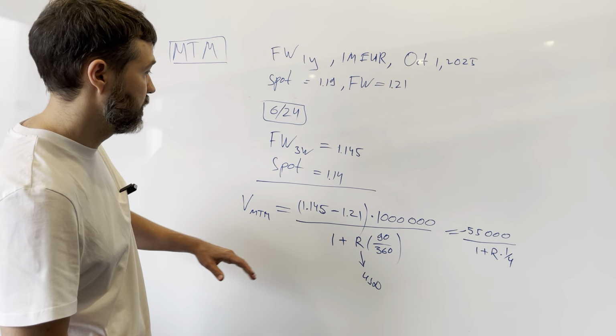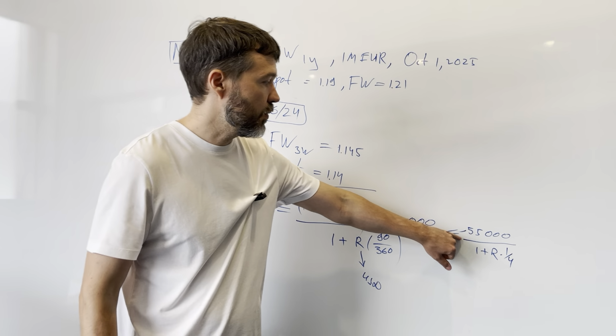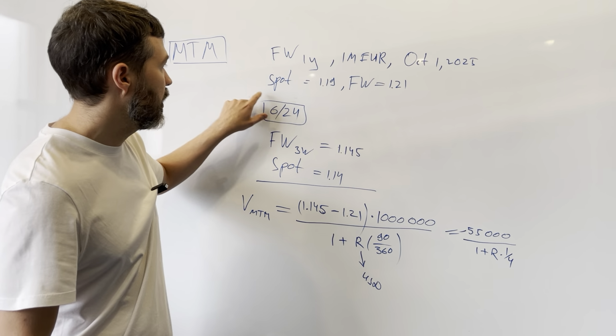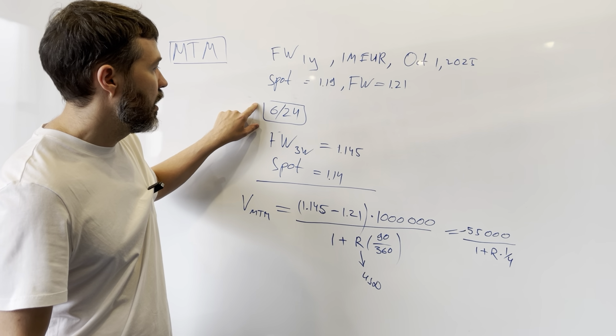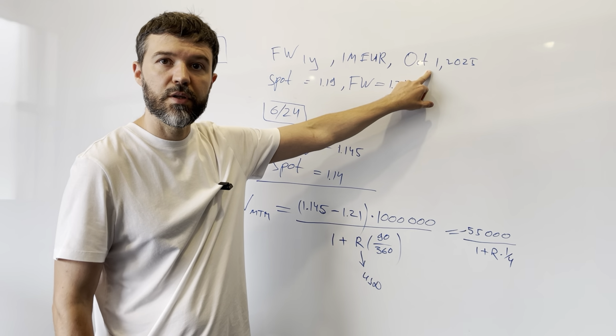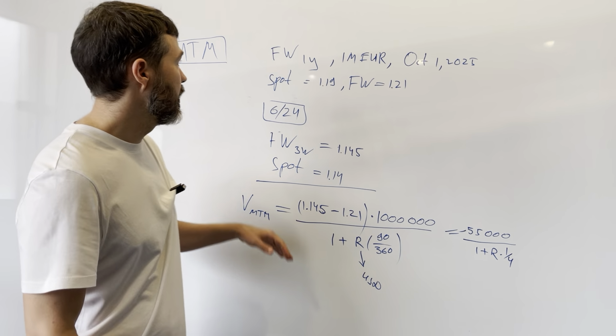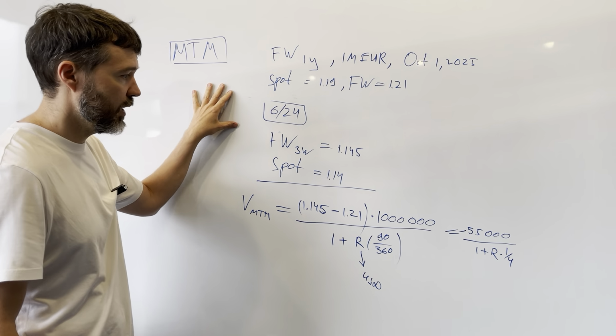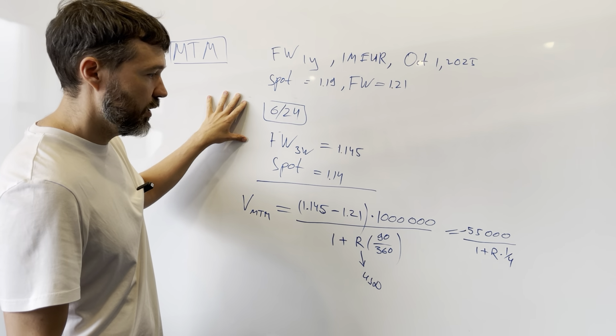And here you have the value of your 1 million euro contract as of today, with a maturity date of October 1st, 2026. This information is normally sent by your broker or your bank. You don't need to calculate it yourself.